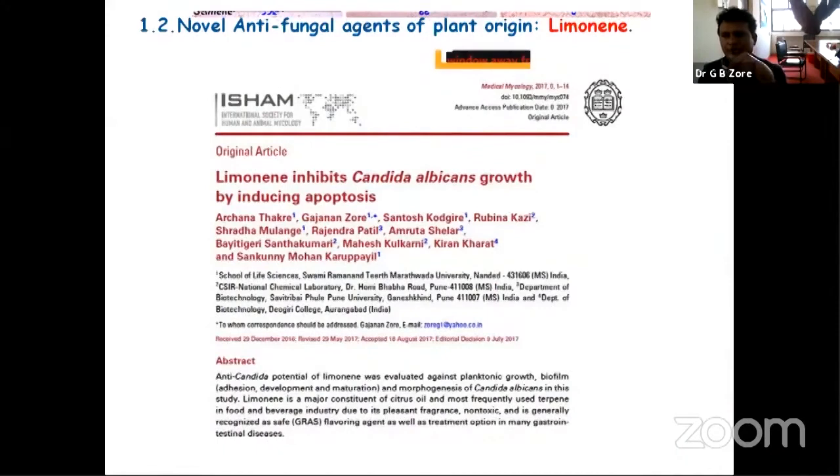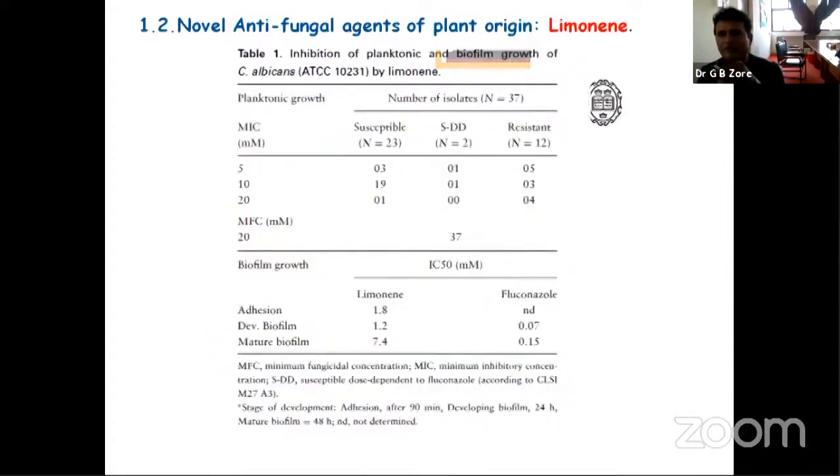These are different molecules, and that study was published in different journals. One paper was published in Medical Mycology, and this year we also got one more publication on piperine in the same journal. In addition, we got some papers on menthol and some other molecules.